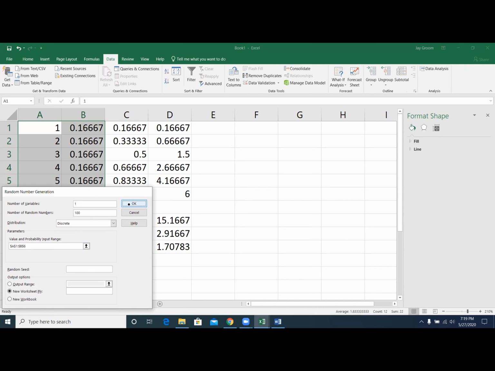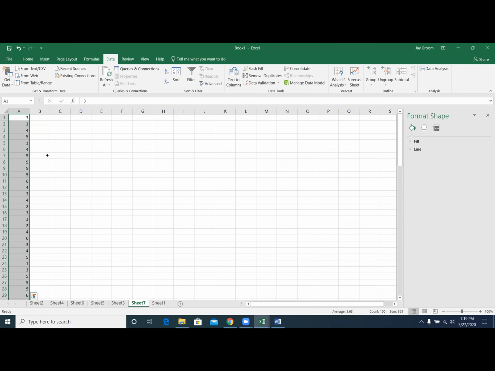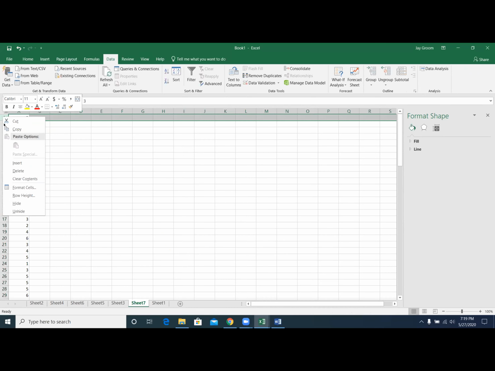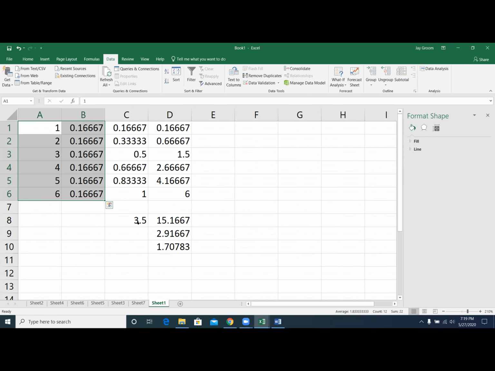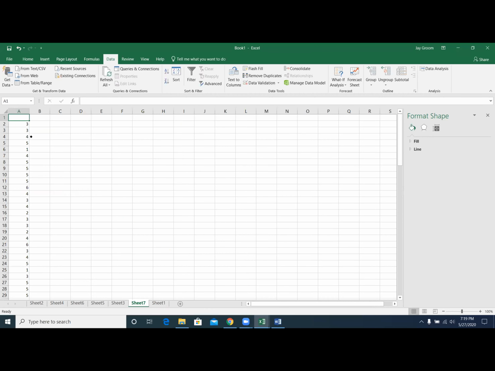So there's your data, and these would be, let's say, your X's. You know what the expected value of this is because you know where the data came from. It came from right here. So the expected value is 3.5. However, what I want you to see is that this is my X's.